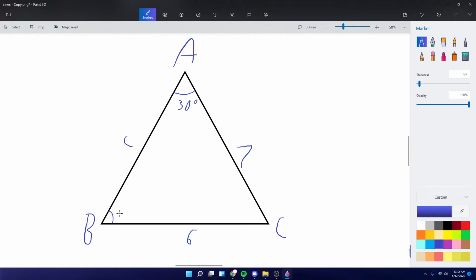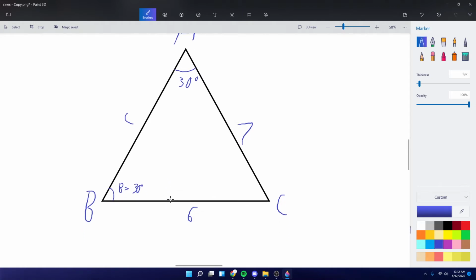We also know that angle B has to be greater than angle A, which is 30 degrees. So angle B has to be greater than 30 degrees. And if we solve for angle B and we get something that's not greater than 30 degrees, if it's less than 30 degrees, then the triangle doesn't exist because that violates the rule of the triangle.